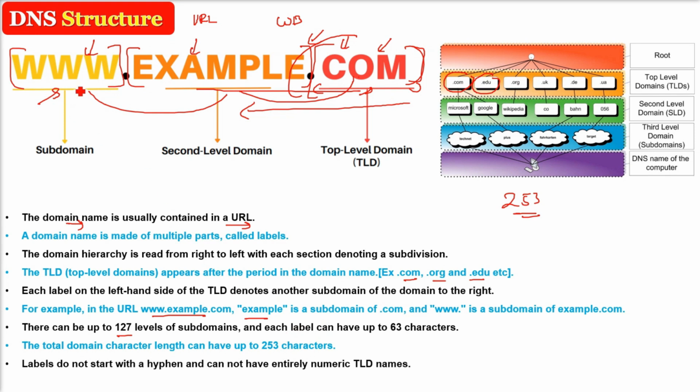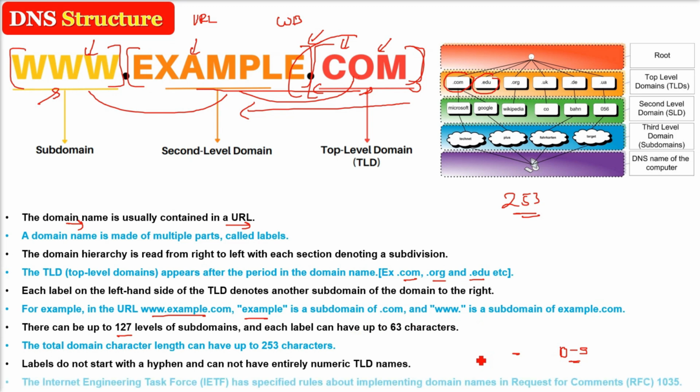The laid down rules for labels are that they do not start with a hyphen, and they cannot be all numerals. That is, you cannot have entirely numeric TLD names. Therefore, whenever you type something like this, you get a proper directory structure from where your IP will come through the domain name.